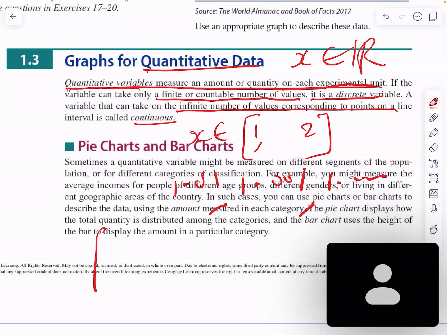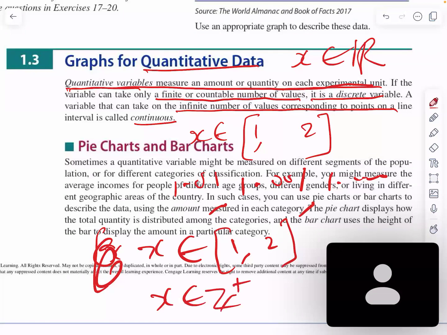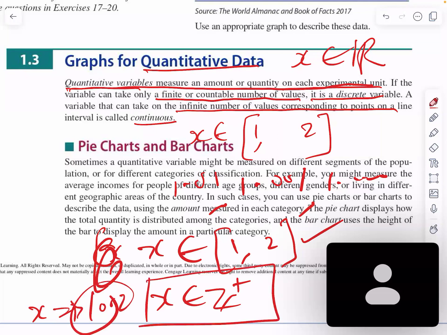But if I tell you X is a member of this interval and X is a positive integer, then X can only have 2 values. X can only be what? 1 or 2. Because I am restricting my X to be just an integer without a decimal point.